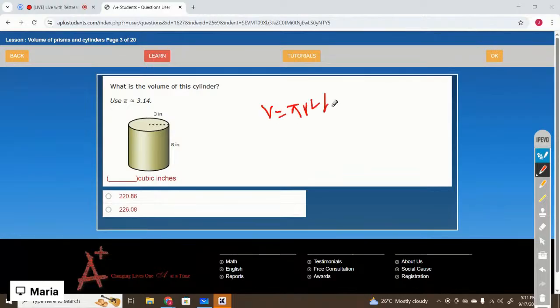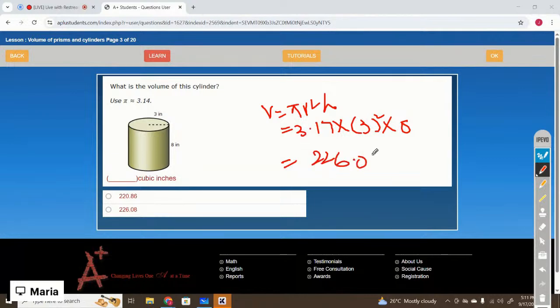V equals pi r square h. That is 3.14 times 3 square. So let me just do the calculations. So that is 8 times 9 times 3.14. That is 226.08. Option number 2 is the correct option. Very good.